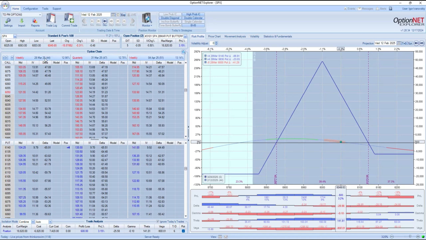Just remember that the less time you have until expiration, the more right you're going to need to be, because the more time we have until expiration, the more forgiving this trade is. So less time, which means you're going to get paid quicker, which is good. The flip side, if you want to get paid quick, you have to be better, or you have to be really good at picking direction as to where the market is going to move next.